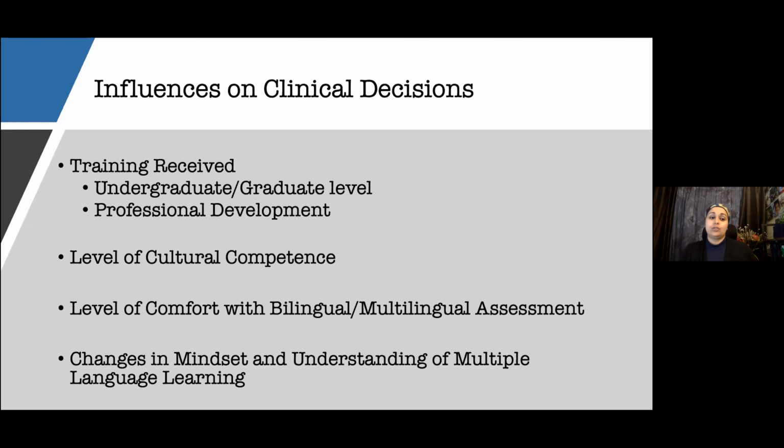So if you assume that every variation in language that is different to yours is a disorder, then you are wrongly classifying clients, and you're discrediting their abilities. And we always have to keep that in mind. Just because it's different than the way you speak doesn't mean that there's something wrong with it.